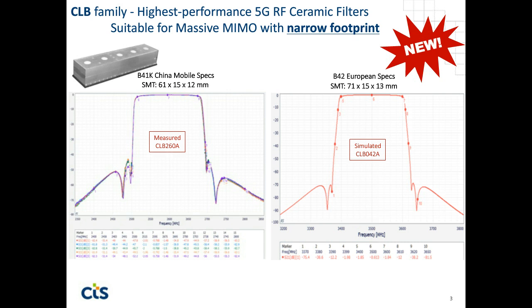The other band that's illustrated here is the band 42 used in Europe. Now, band 42 is used in a lot of different parts of the world, but only in the SEPT applications in Europe are the close-in requirements as demanding as is shown here.